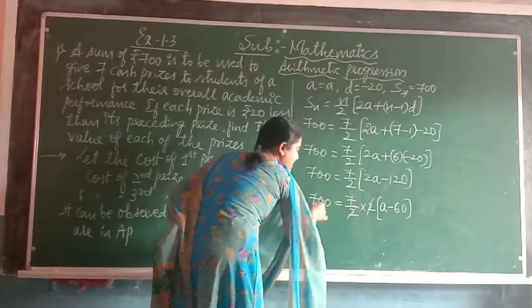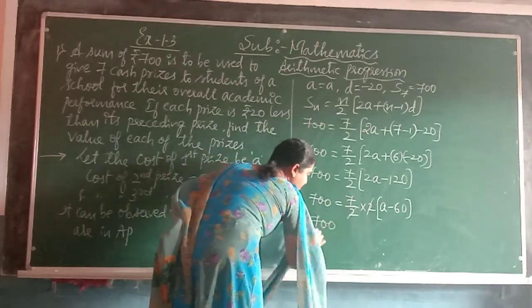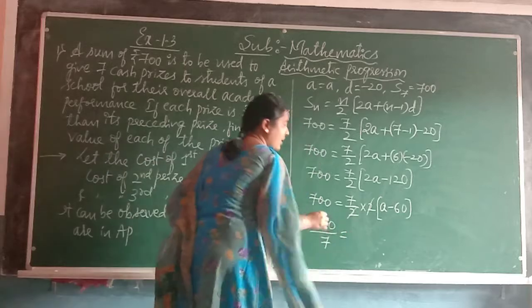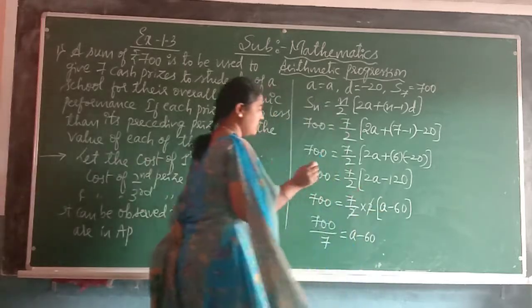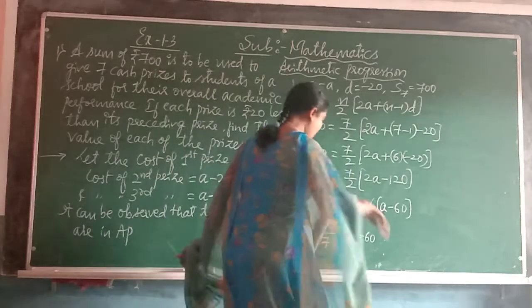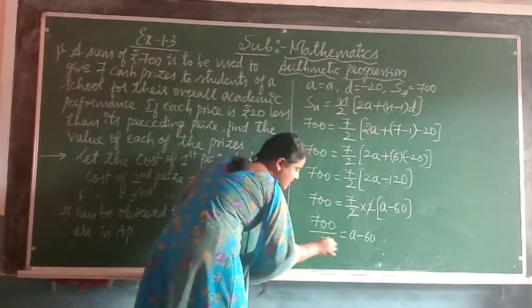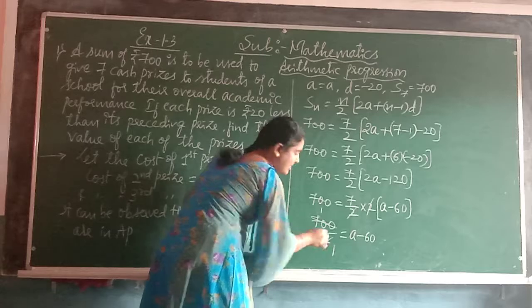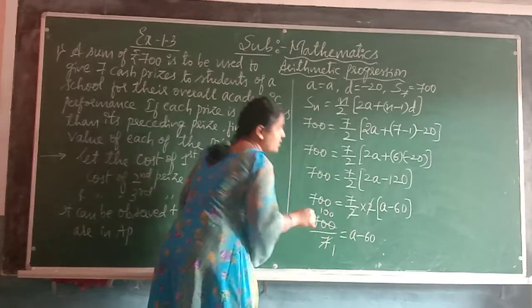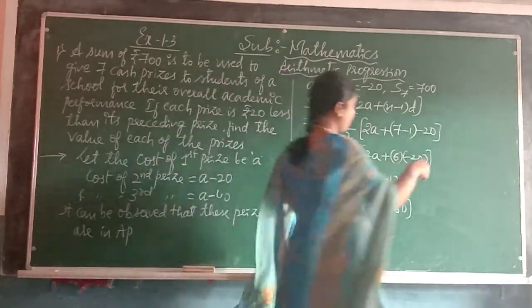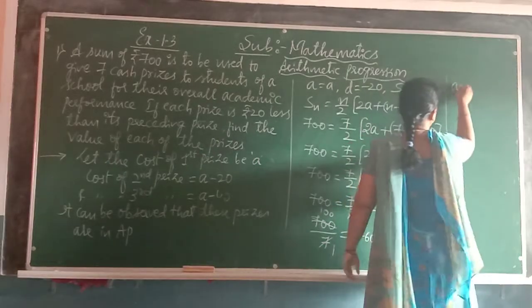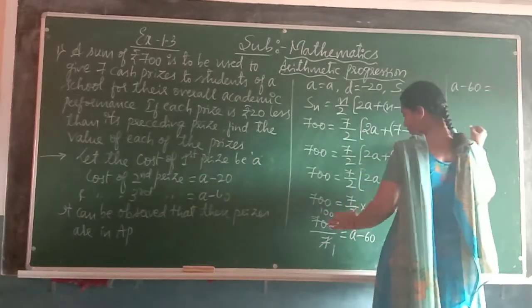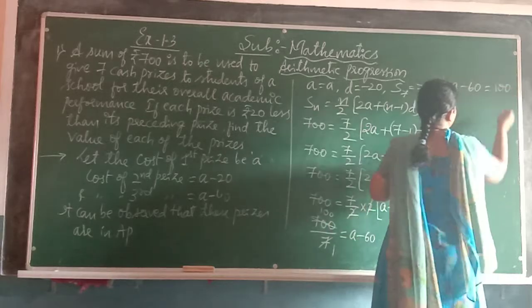Now transpose 7 to this side, it becomes divided by 7. A minus 60 remains. Cancel it, 7 hundreds are 700, so 100 remains. A minus 60 equals 100.